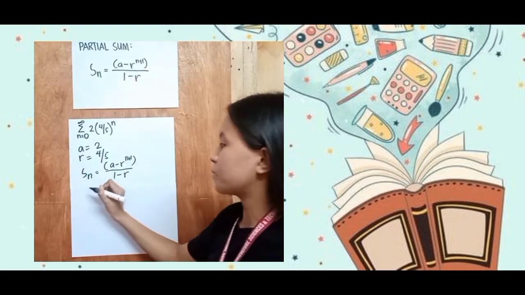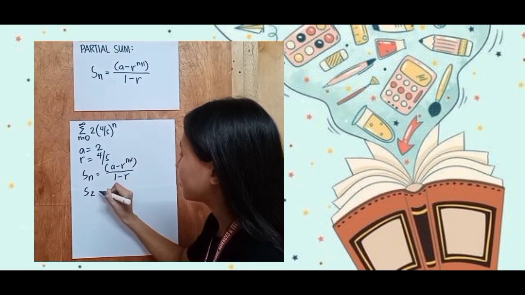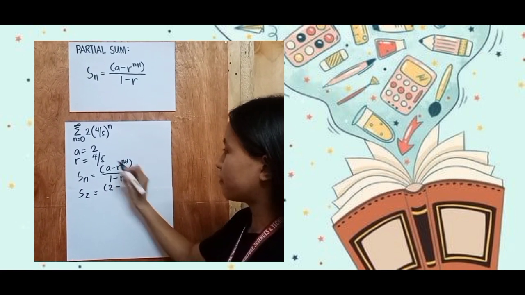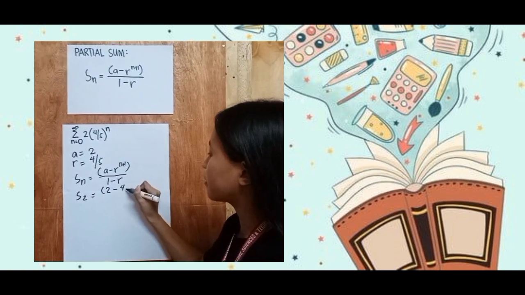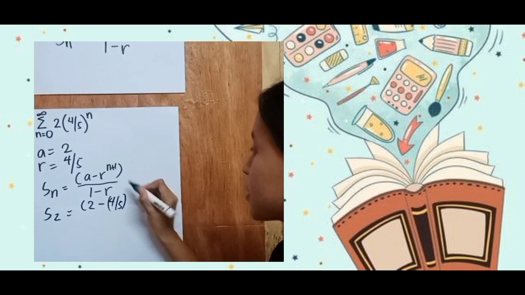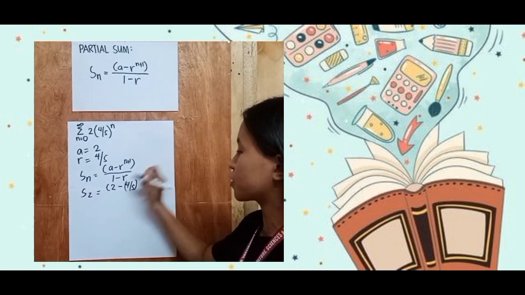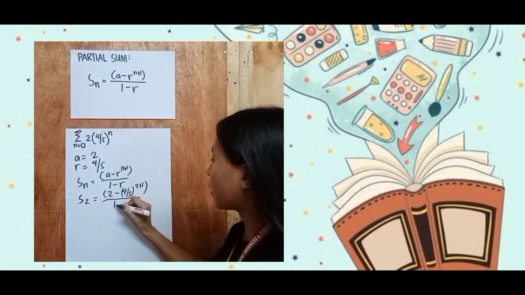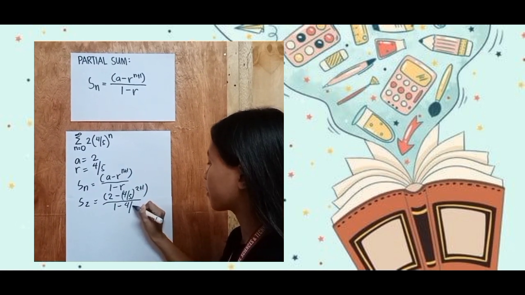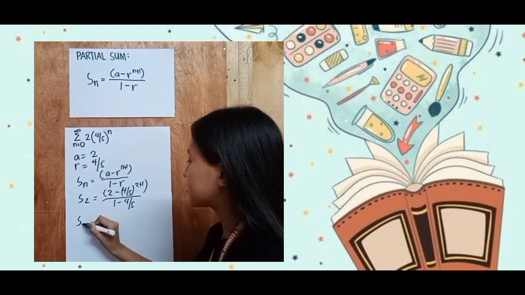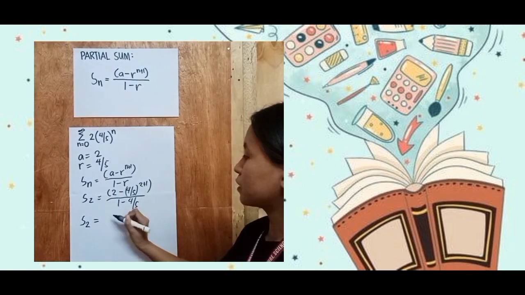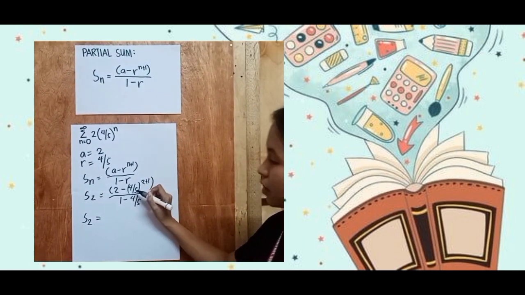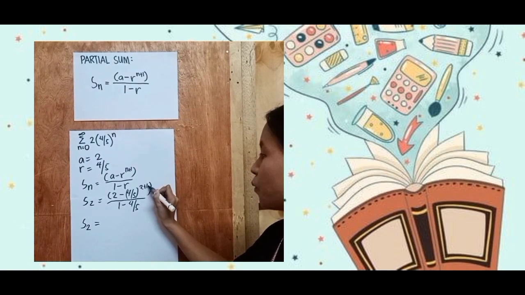So we will find S sub 2. The value of A is equal to 2 times 1 minus the value of R, which is 4 over 5, raised to the power of, since we use 2, we substitute n to 2 plus 1, over 1 minus the value of R, which is 4 over 5. So S sub 2 is equal to 2, let's first find this quantity. 4 over 5 raised to the power of 2 plus 1, which is 3, is 64 over 125.